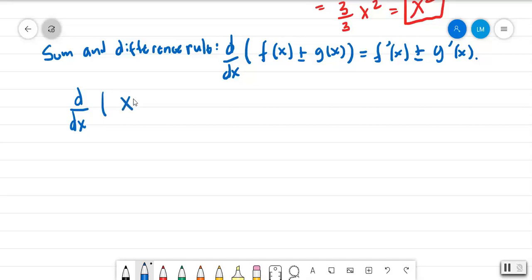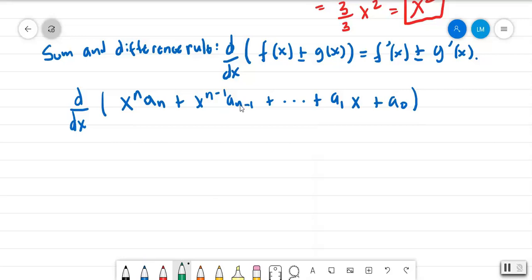Like let's say you have a sub n times x to the n plus a sub n minus 1 times x to the n minus 1, plus, and so on, down to a1x plus a0, where all of these a's are just constants. So what you could do is say that all of that is equal to p of x.